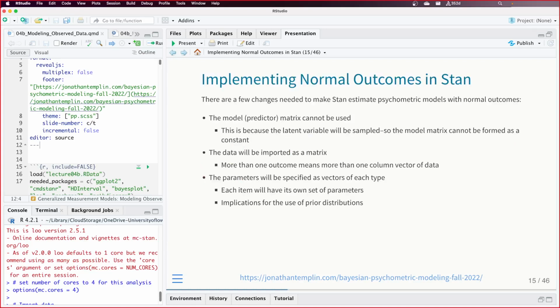You remember we culminated Stan with all sorts of craziness, right? I ended with a model matrix that we inputted into Stan, and then we had a matrix product with all the regression coefficients. The model matrix in this case can't be used. You want to think for a moment why.